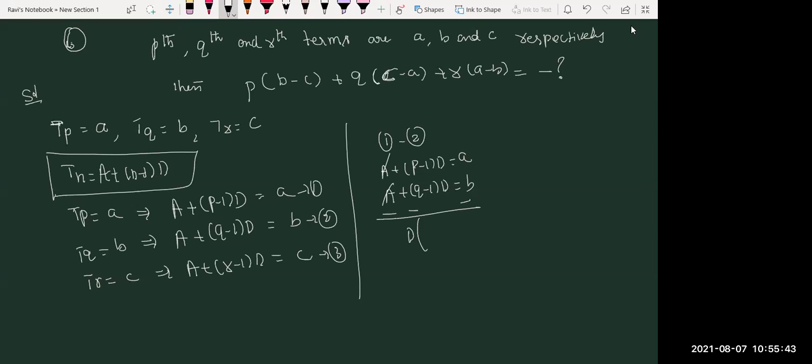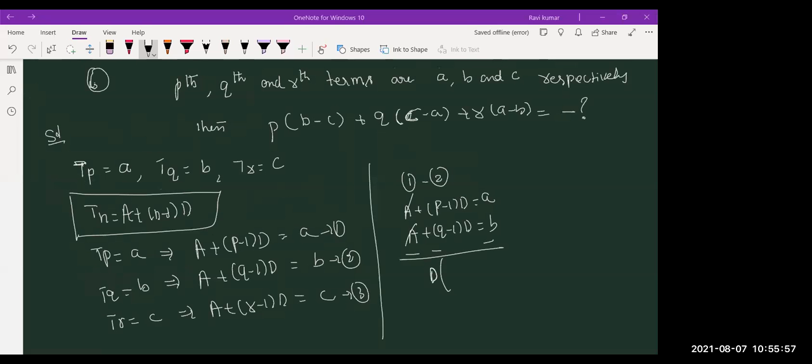D into (P minus 1) minus (Q minus 1). The minus and plus cancel, so D into (P minus Q) equals A minus B.